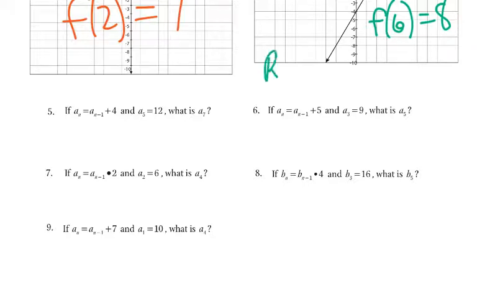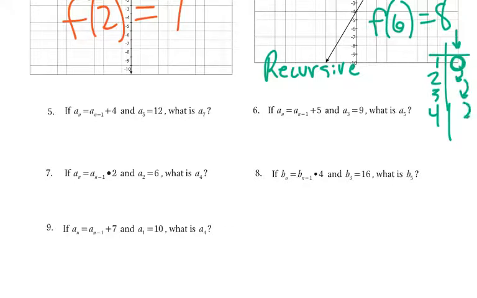Remember, for the recursive equations, if we think about it, it's good to think about it like a table. It's connecting these outputs, okay? So if I know this, using recursion, I can figure out this, and I can figure out the next, and so on. Okay?